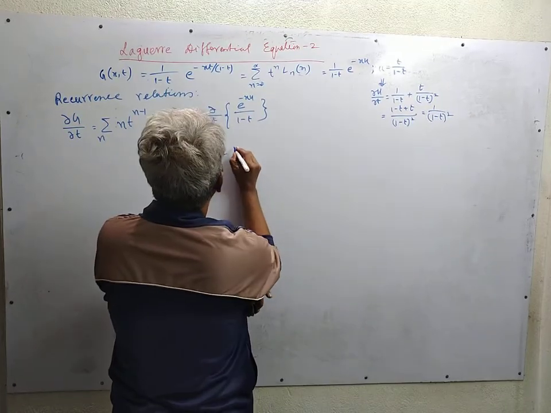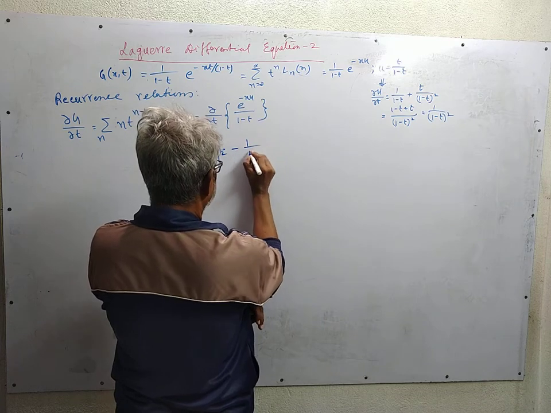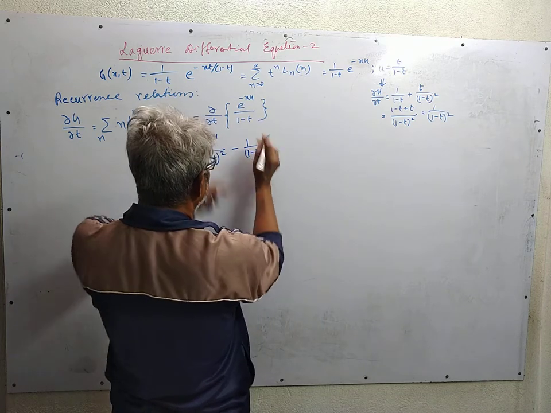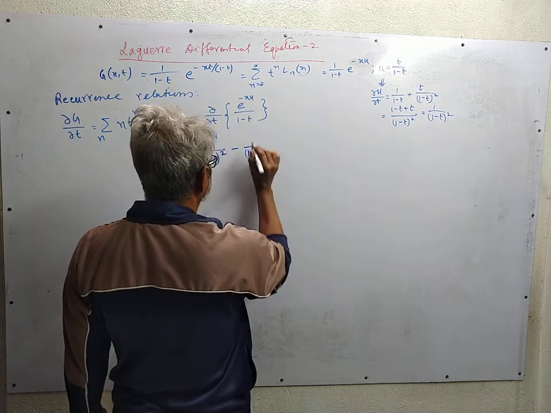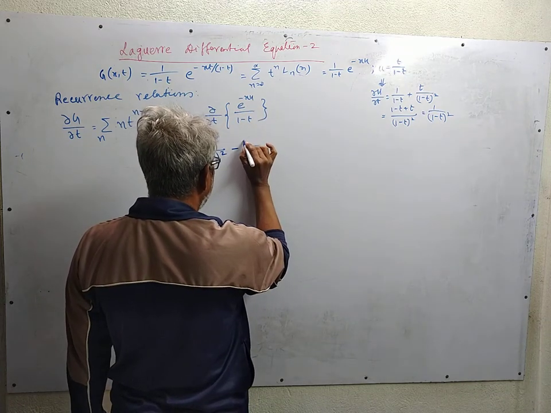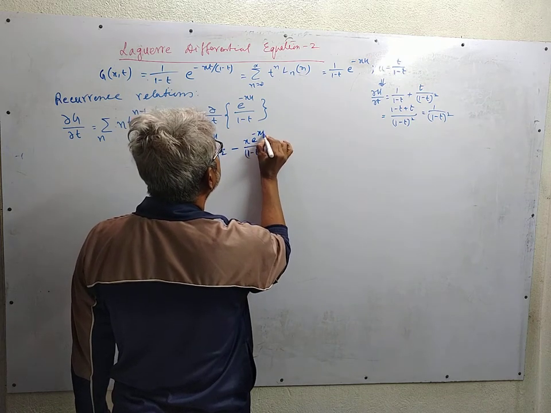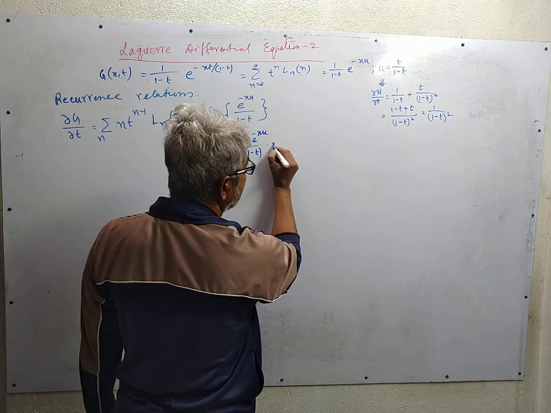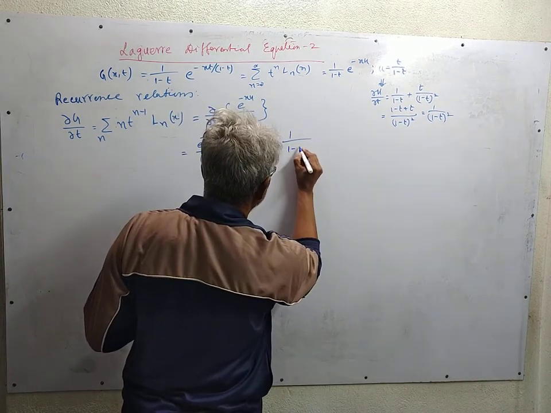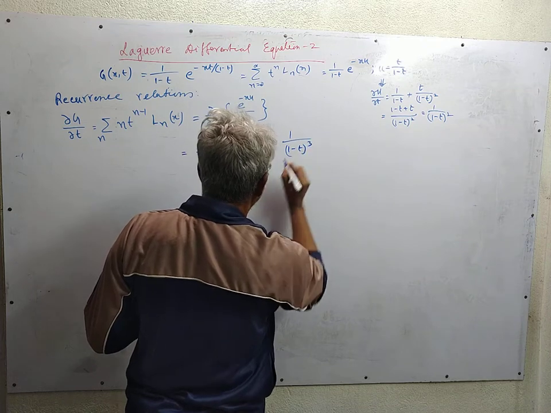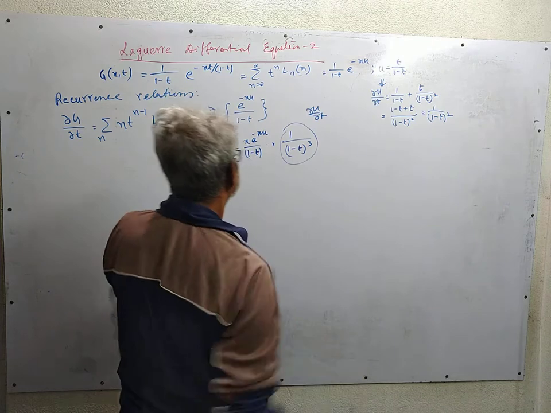Then we have 1 minus t, and when we differentiate it with respect to t, this is minus x e to the power minus x u times 1 minus t cube. This is the part del u del t.